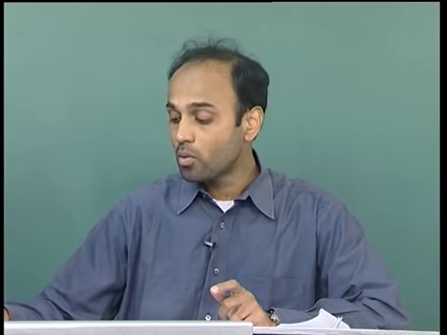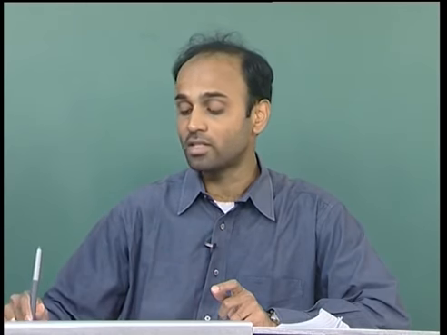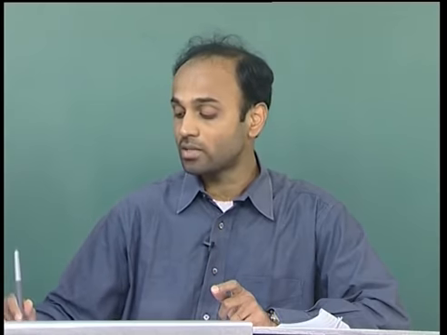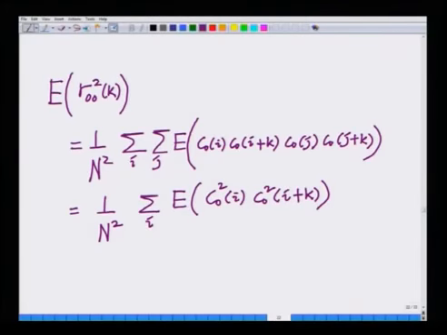When i equals j, we have something interesting: C 0 square of i C 0 square of i plus k. Remember, C 0 i and C 0 i plus k are both plus or minus 1. So, C 0 square i and C 0 square i plus k are both equal to 1, hence this product is 1.